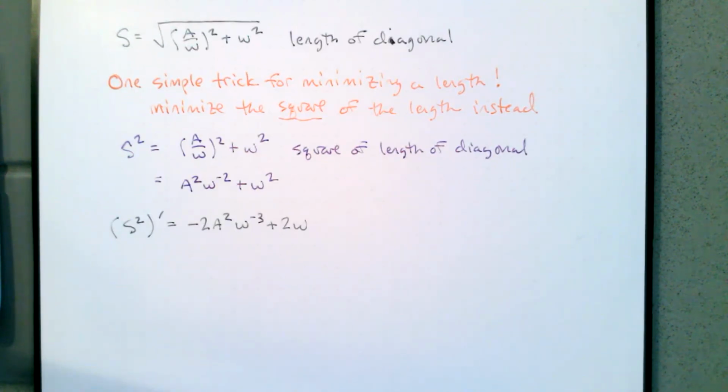The reason I wanted to point this out was we just did this yesterday in Calc 3. The problem was to minimize the length. So we minimized the square of the length to make our calculations easier, and then just remembered at the end to take the square root when we actually found the minimum length.